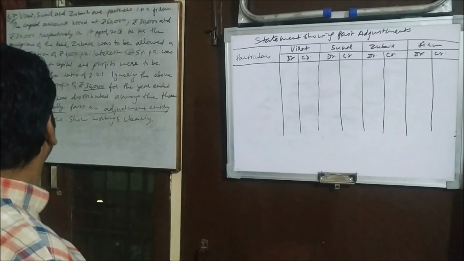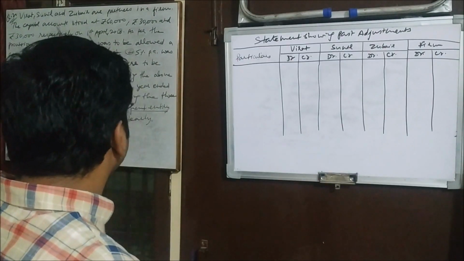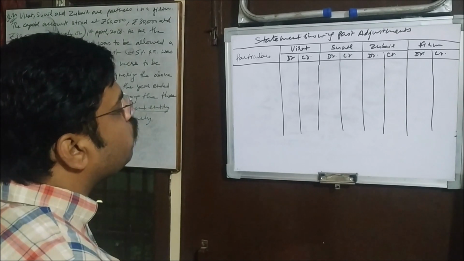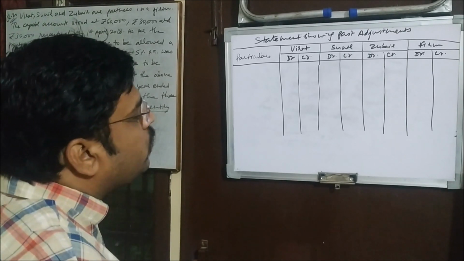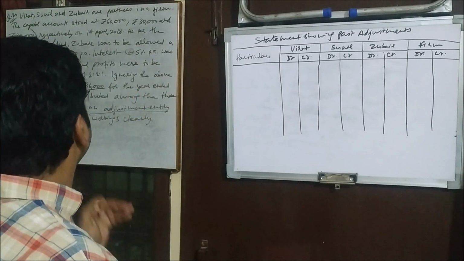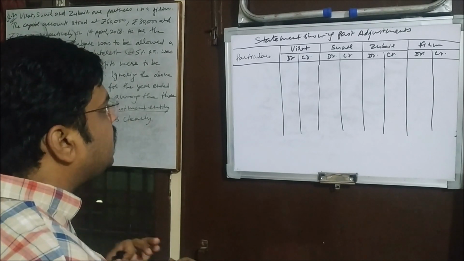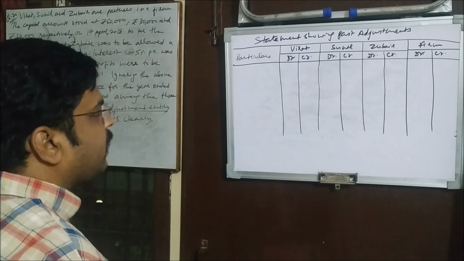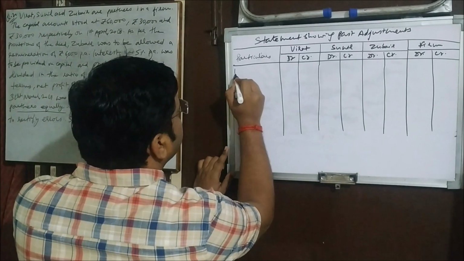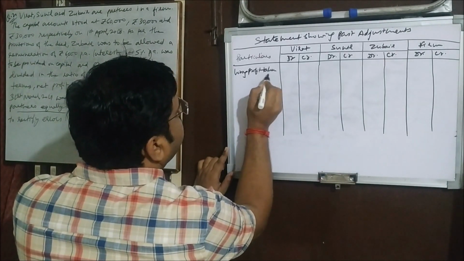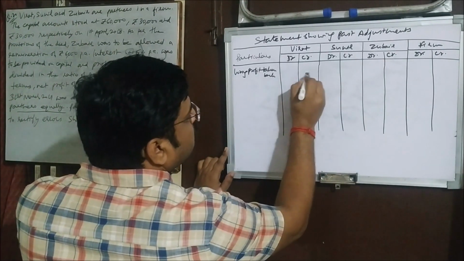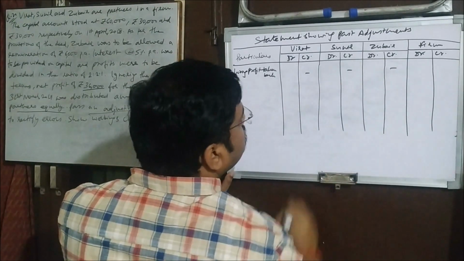So let's start. Like I told you in other questions also, the very first thing we do is take back whatever wrong has been done. The profit has been distributed, so that profit share has to be taken back. So we'll write down here wrong profit taken back. It will be mentioned on the debit side.